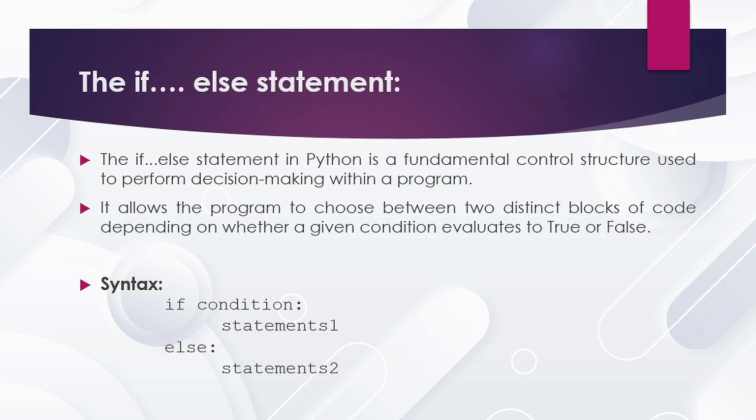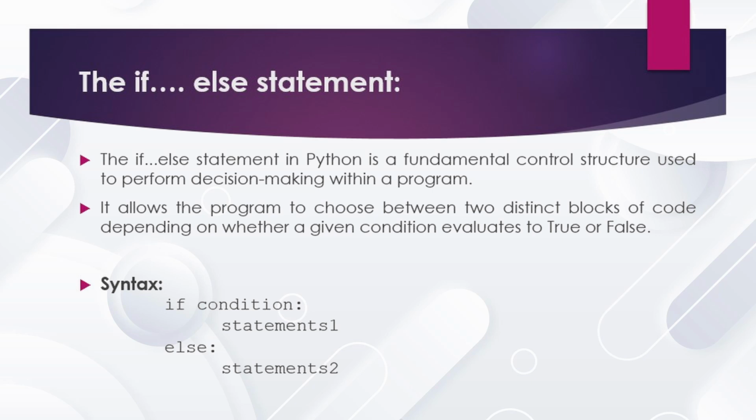The if-else statement in Python is a fundamental control structure used to perform decision making within a program. It allows the program to choose between two distinct blocks of code depending on whether a given condition evaluates to true or false. We can see the syntax here. When the specified condition in the syntax is true, the program executes the first group of statements that immediately follow the colon, which is the statements 1.